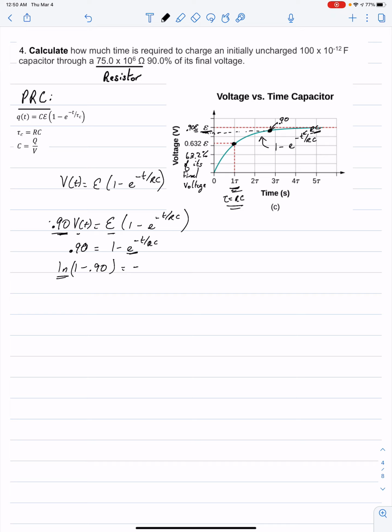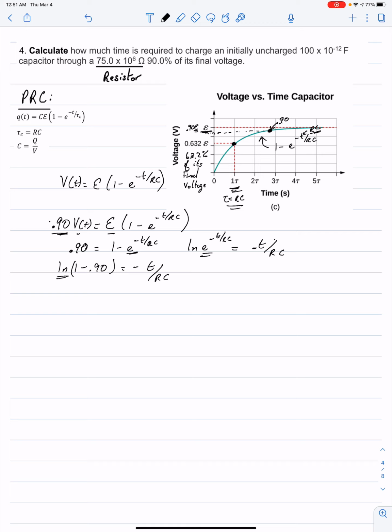That leaves us with negative t over RC. Remember, natural log of e to the negative t over RC is equal to negative t over RC. That is why we do the natural log on both sides.